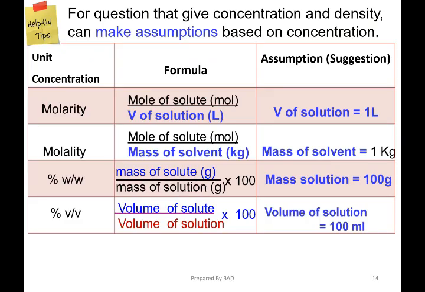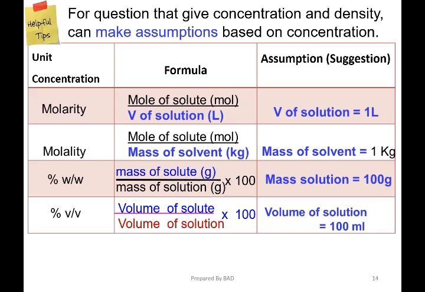Helpful tips. For questions that give concentration and density, we can make assumptions based on concentration. For molarity, since the formula involves the volume of solution in liter, hence we can assume volume of solution is equal to 1 liter. For molality, since the formula involves the mass of solvent in kilogram, we can assume mass of solvent equals 1 kilogram.